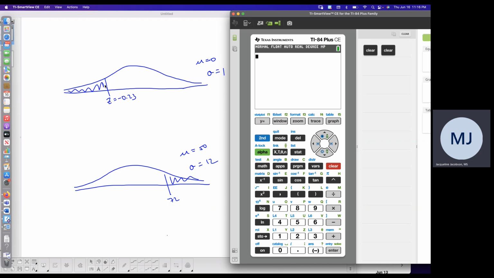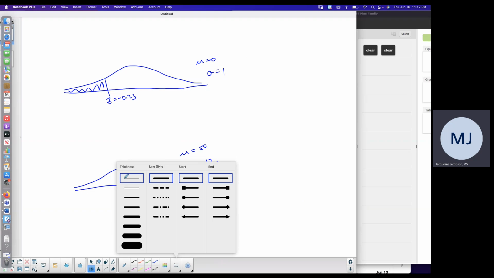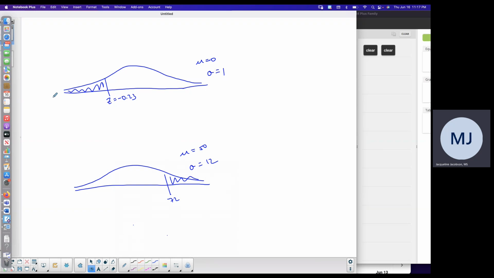So regardless of how the question is asked, you're finding the area. Now I want you to realize that to the left, which is negative infinity as a z-score, we don't necessarily use negative infinity or positive infinity on the graphing calculator. So what we use to represent the left tail, as if it were negative infinity, is a large negative number. I've seen people use -1E99, and then in the positive tail 1E99.